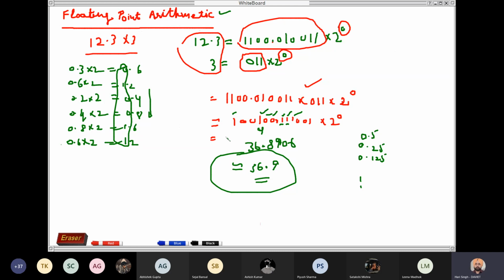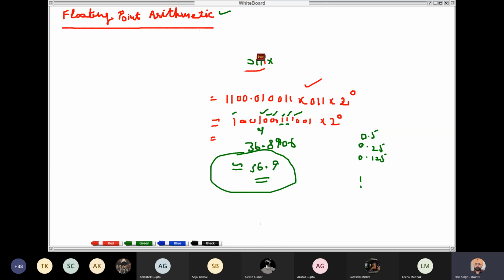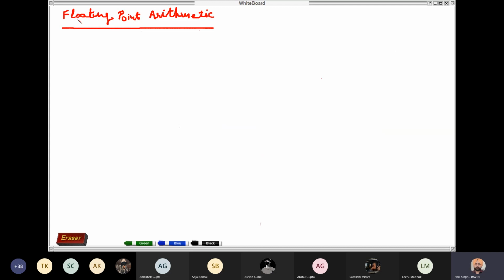So let us consider one example related to division of binary numbers given in floating point form. Say the numbers are 12.4, and suppose it is to be divided by, say, 2.